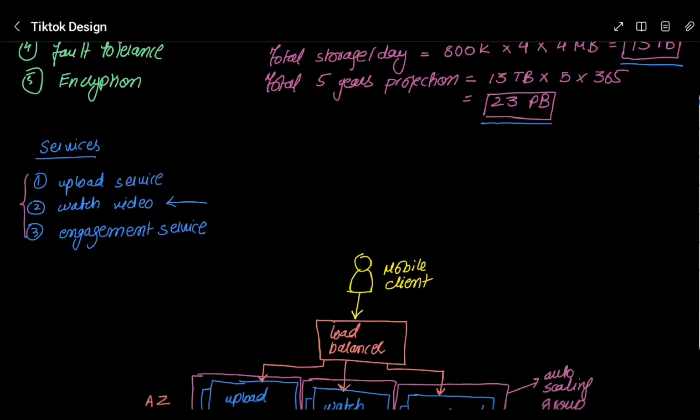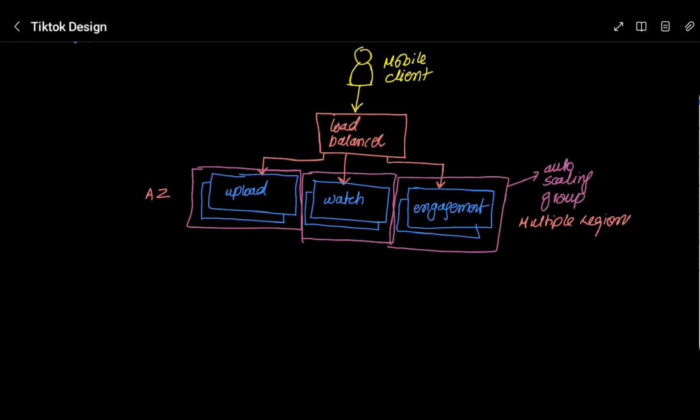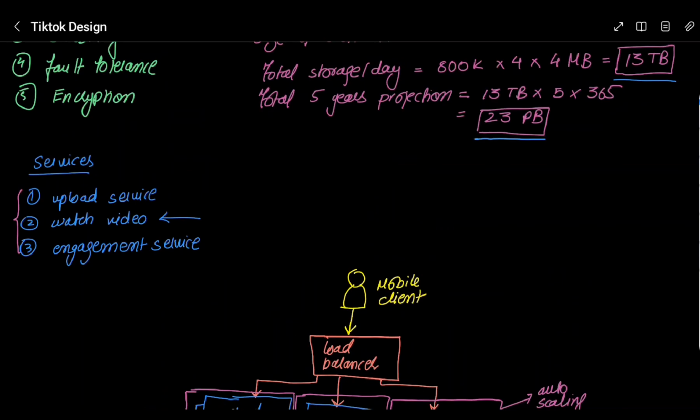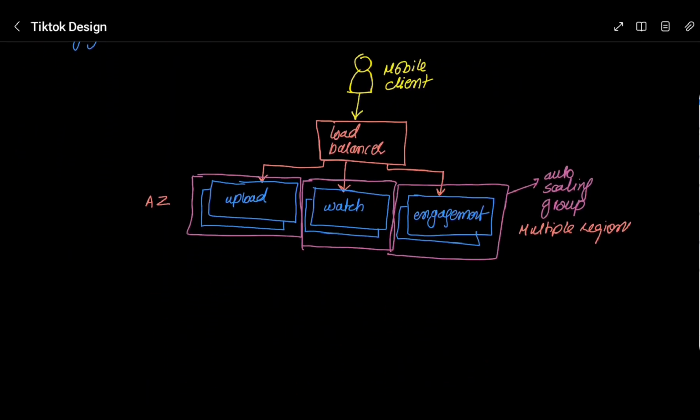So obviously, the best option would be to use blob storage, something like S3, which is cheaper and scales up to exabytes of data, which in our case seems like the most promising option. So let's say whenever you upload your data, it goes straight into an S3 bucket.